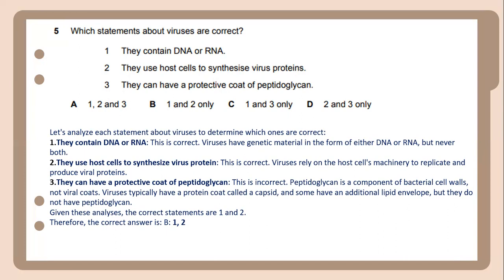But the third one is not correct because peptidoglycan is a component of bacterial cell walls, not the viral coat. Viruses typically have a protein coat called the capsid, and some have an additional lipid envelope, but they do not have peptidoglycan. Given this analysis, that is why 1 and 2 is the suitable answer for this question.